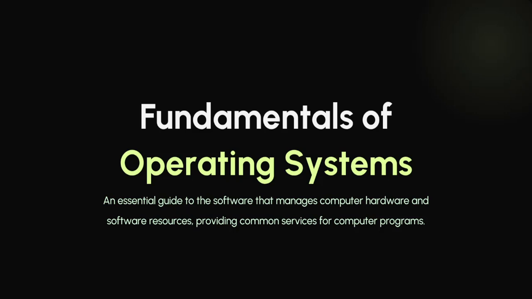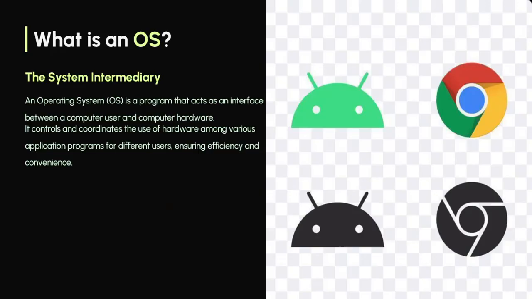Today we will discuss the fundamentals of operating systems. It is an essential guide to the software that manages computer hardware and software resources, providing common services for computer programs. Now, what is an operating system?